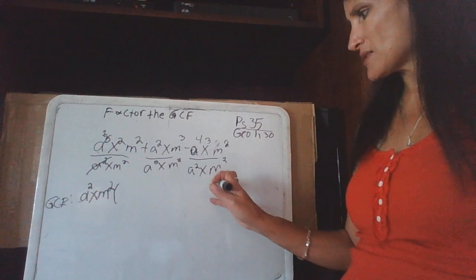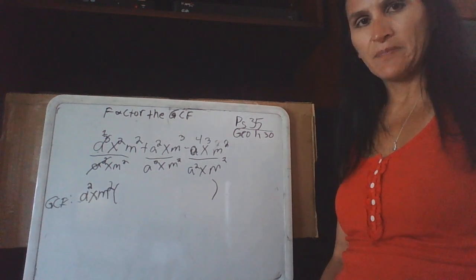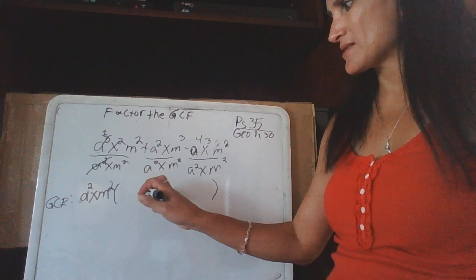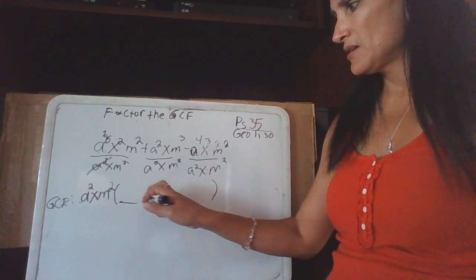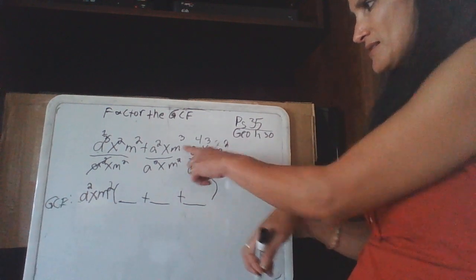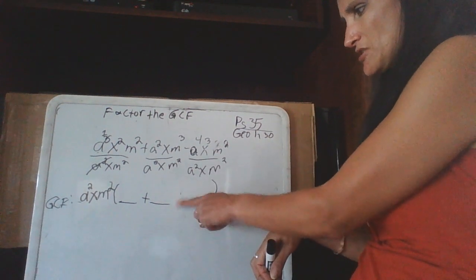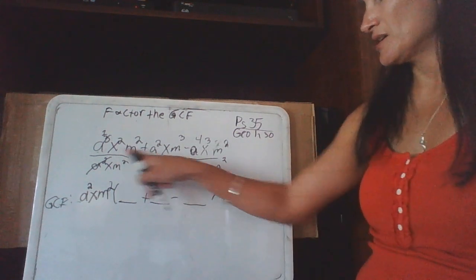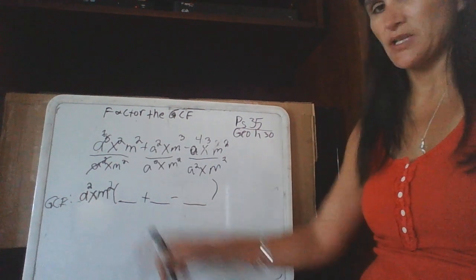First thing you want to do is start by writing your parentheses. Go and look at your terms. 1, 2, 3. So that means this is going to have 1, 2, and 3. Now this is a negative sign, so I'm going to change that to a negative. This is a positive there. So I had 1, 2, 3, there they are. Okay.